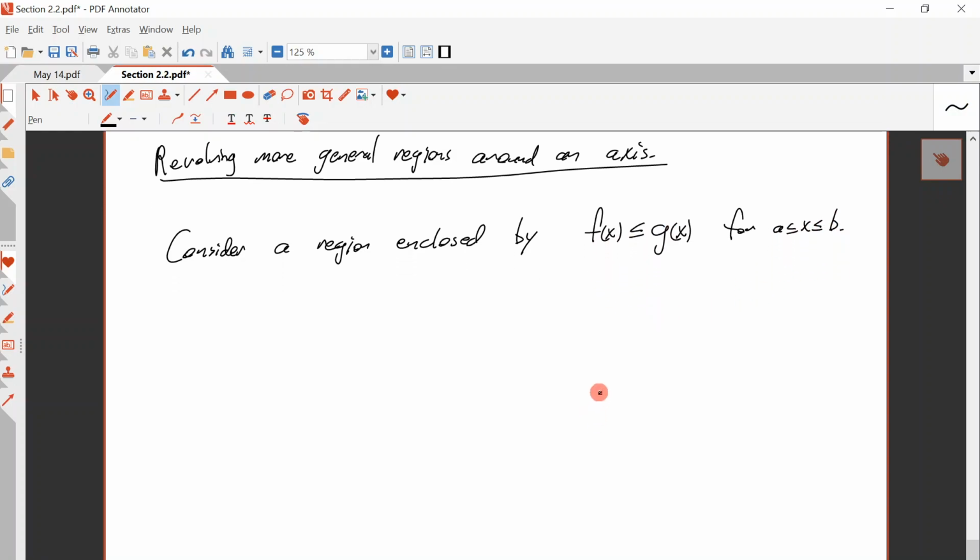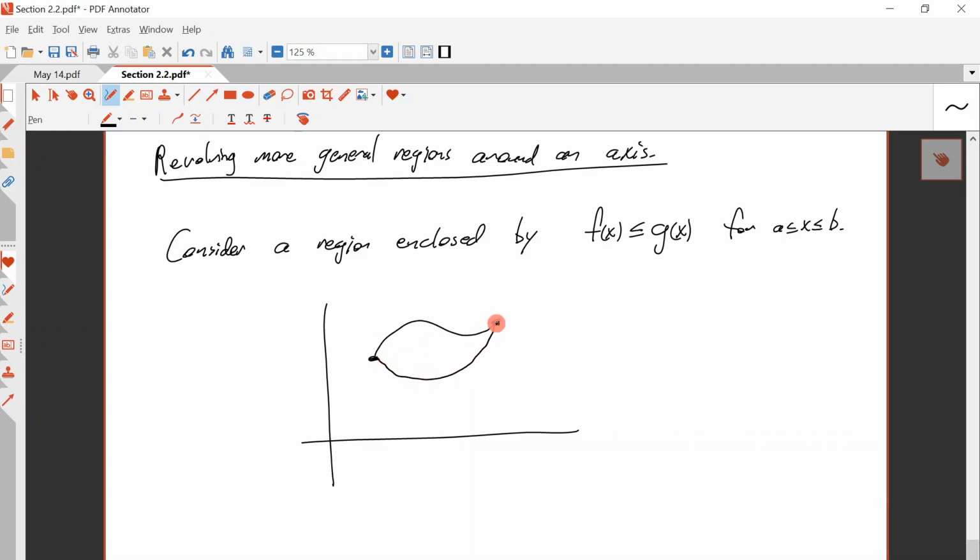So a region caught between two curves, g over f. So here's the g, and there's f. So that's g of x on top, f of x underneath, and that is from a to b.